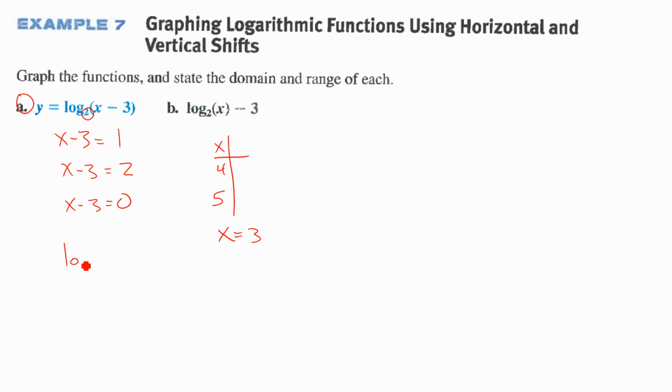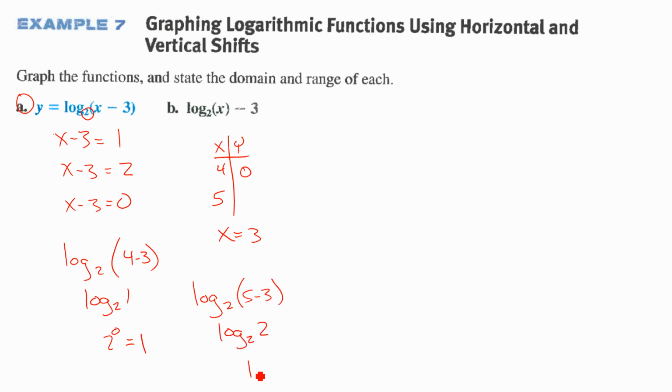Let's plug this in. Log base 2 of 4 minus 3 is log base 2 of 1. That is 0, because 2 to the 0 power equals 1. That's your y. If we do log base 2 of 5 minus 3, we get log base 2 of 2, and that is 1, because 2 to the first equals 2.